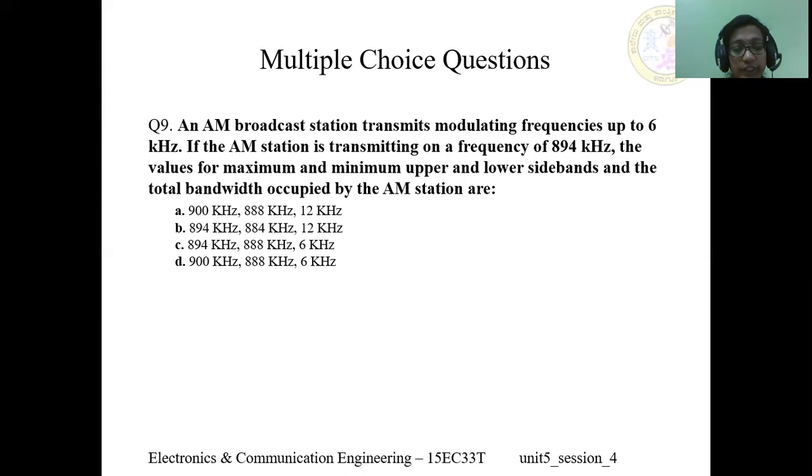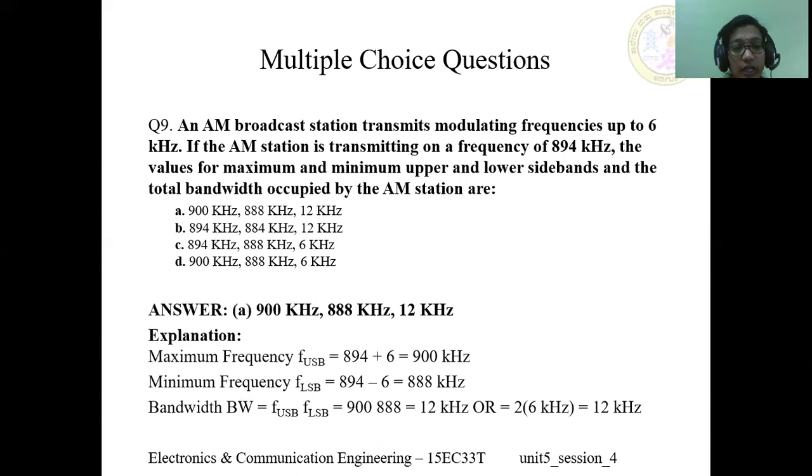We need to calculate here the maximum, that is the upper sideband, and minimum, that is the lower sideband frequencies according to the spectrum. So answer is A, 900 kilohertz. That is the maximum frequency, the upper sideband, obtained by adding FC plus FM.